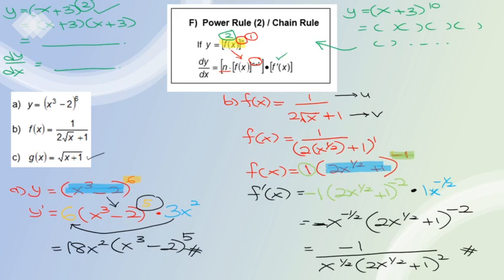Okay, so if your n is 2, you don't need to use chain rule. Let's say y equals to x plus 3 power of 2.